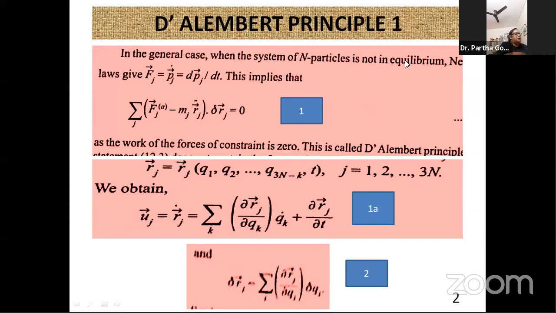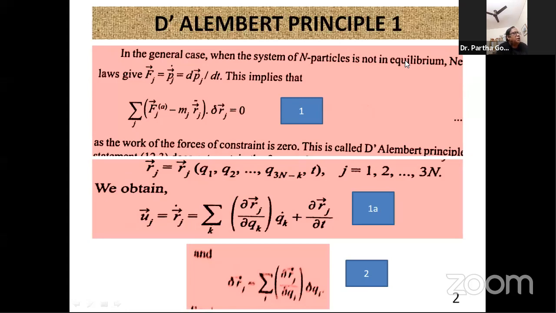And this implies, because the mass is constant in Newtonian mechanics, that mass of the jth particle comes out, with the virtual displacement. The statement of Newton's law comes out to be: (Fj^a minus mj rj double dot), whole of it, dot product taken with virtual displacement, equals 0.